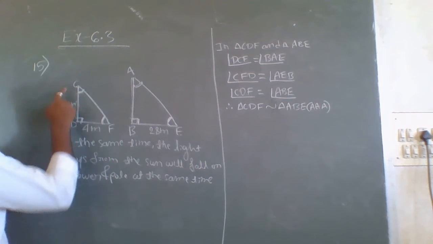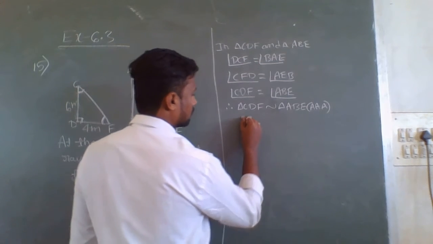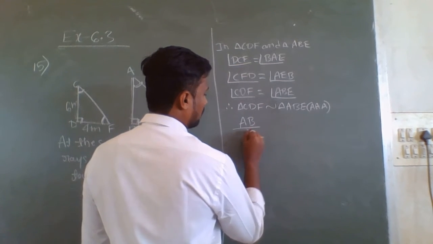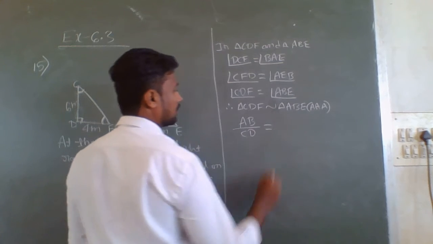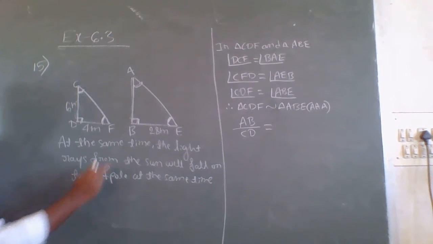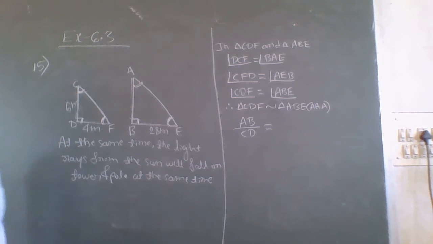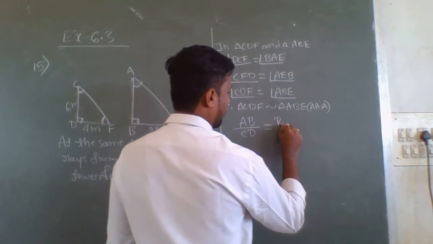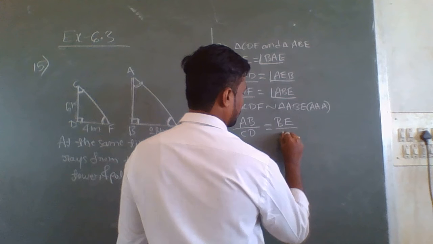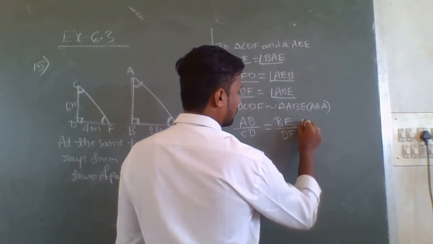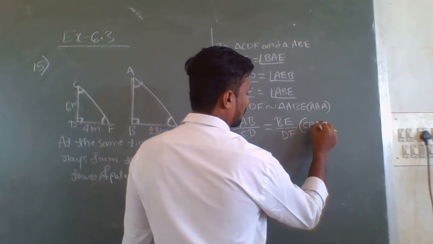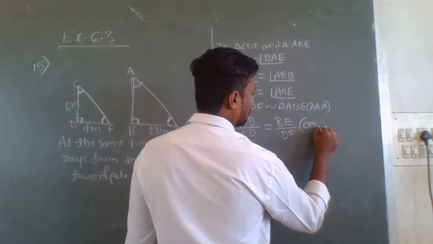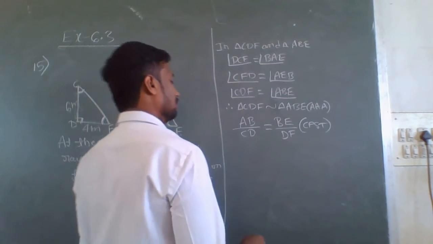Therefore, AB by CD equals to BE by DF, because these two are corresponding parts of similar triangles.